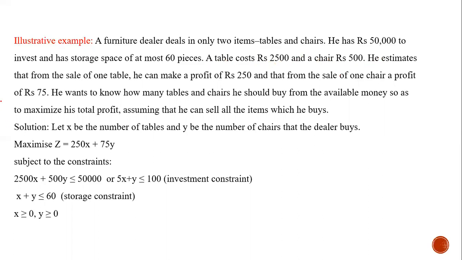He estimates that from the sale of one table, he can make a profit of rupees 250 and from the sale of one chair, a profit of rupees 75. He wants to know how many tables and chairs he should buy from the available money so as to maximize his total profit, assuming that he can sell all the items which he buys.